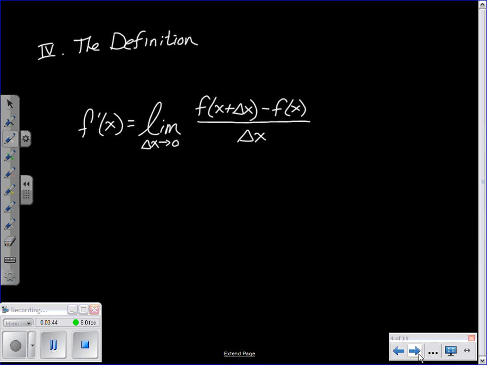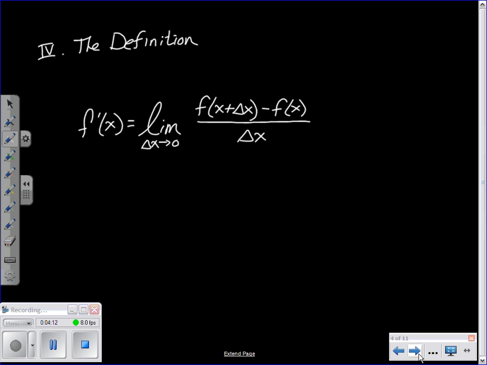So the way that we do that mathematically is we say that that change in x gets really, really close to 0. So we're going to make it so small that it's hardly measurable. And so what we have here is the definition of a derivative. It says the derivative f prime of x is equal to the limit as the change in x goes to 0 of f of x plus delta x minus f of x, divided by delta x.